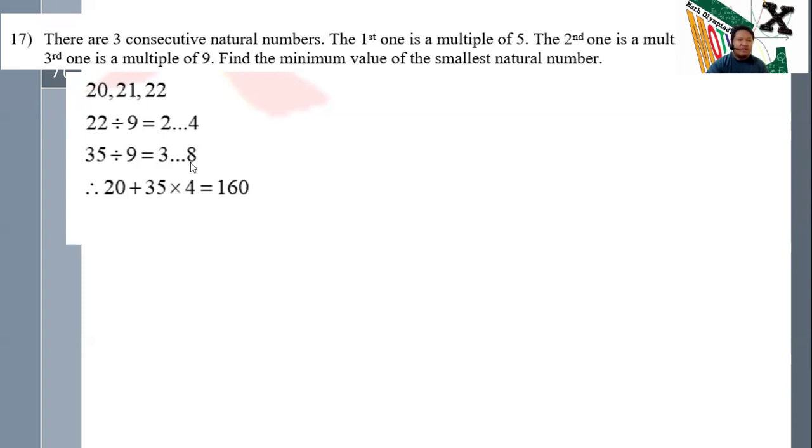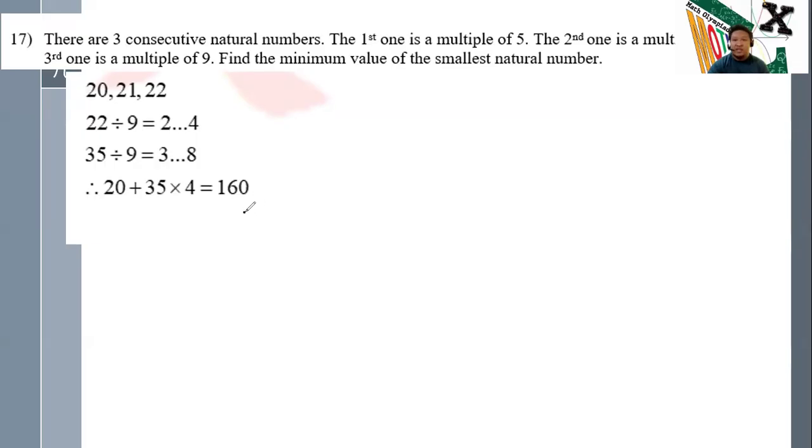If you divide 22 by 9, it will give us 2 remainder 4, 2.4444, and so on. That's remainder 4 to be exact. So we wanted it to be divisible by 9.